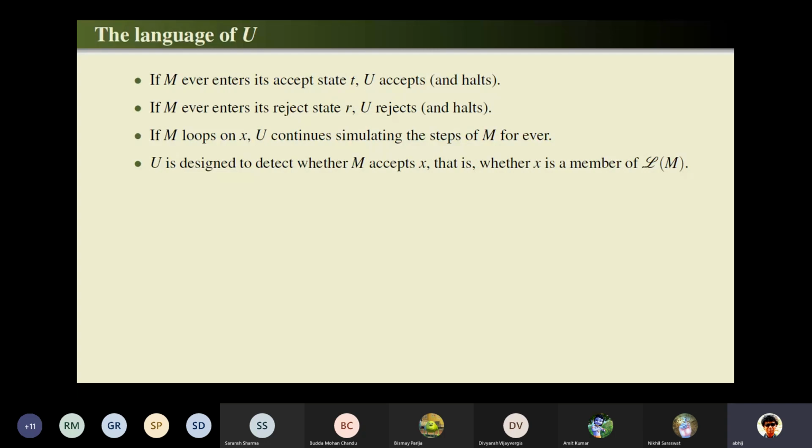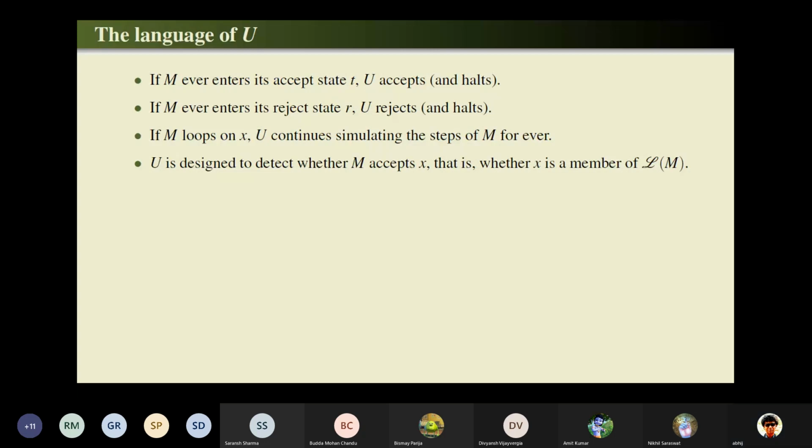So if that is the behavior of U when presented with M and X, then you see that U is designed to detect whether M accepts X. That is the only situation when U also accepts. If M explicitly rejects, U also explicitly rejects. If M loops, U also loops.